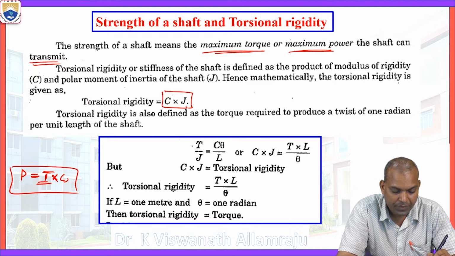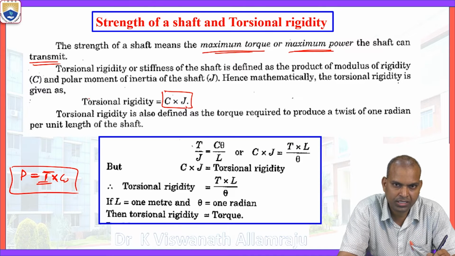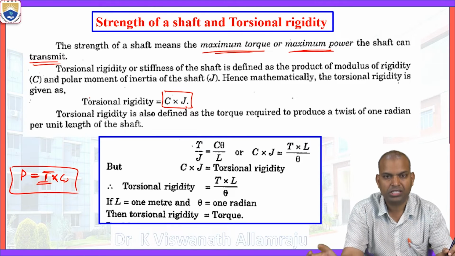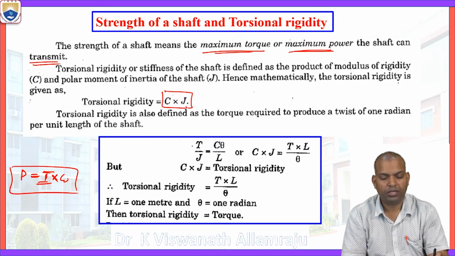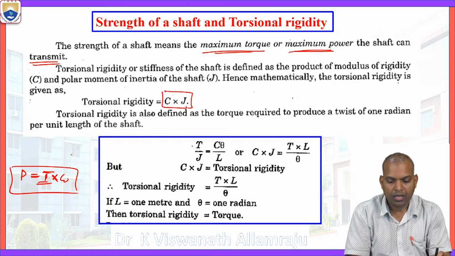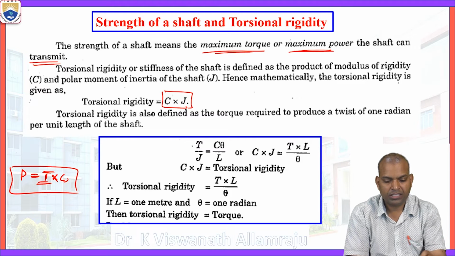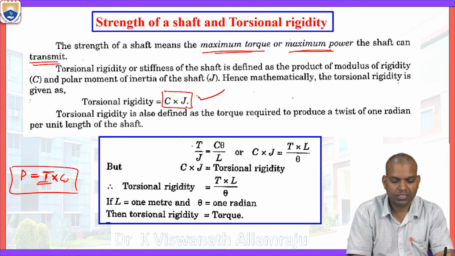Whereas in the case of bending stresses, we have studied flexural rigidity, whose formula is E times I, where E is the modulus of elasticity and I is the moment of inertia. Here CJ, where C is the modulus of rigidity and J is the polar moment of inertia, is the torsional rigidity.